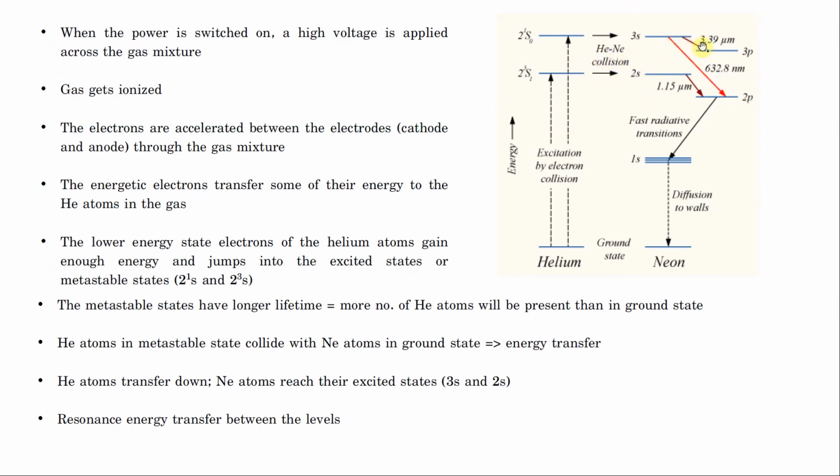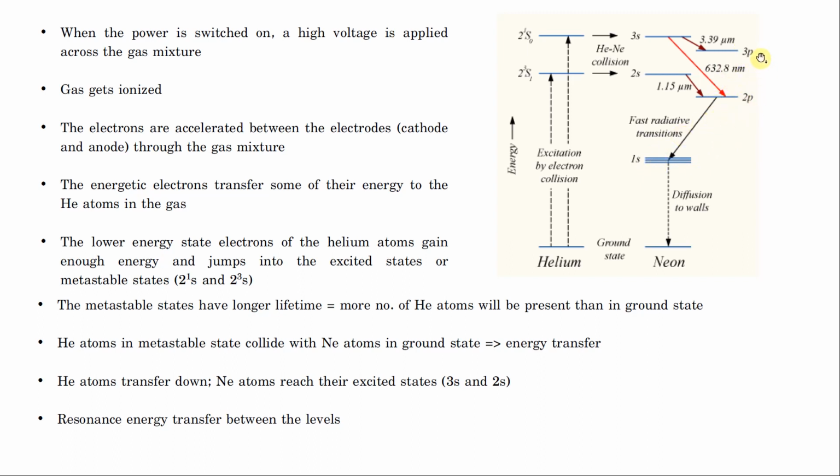Let me just repeat what we discussed just now. We had the stimulated emission happening between the 3s, 3p and the 2s, 2p levels, resulting in either infrared or red light or optical light. Once the atoms have reached the 3p and 2p levels, they can do spontaneous emission of photons and come down to the 1s level. Those photons can trigger the 1s atoms to go back to the 2p and 3p levels.